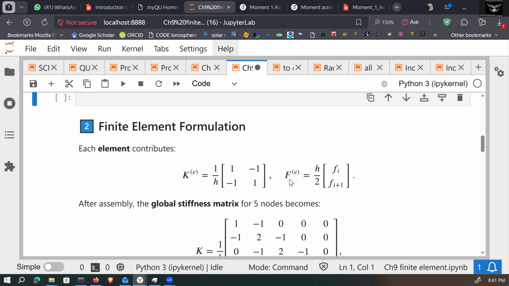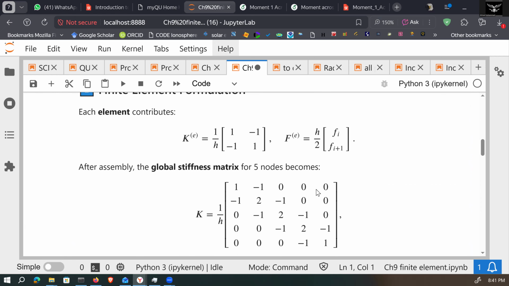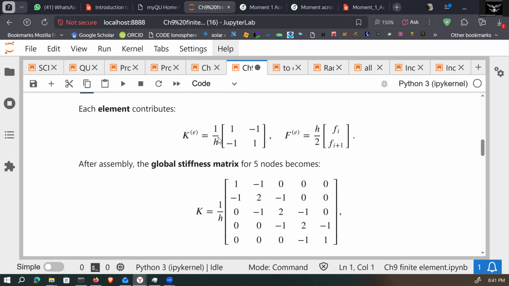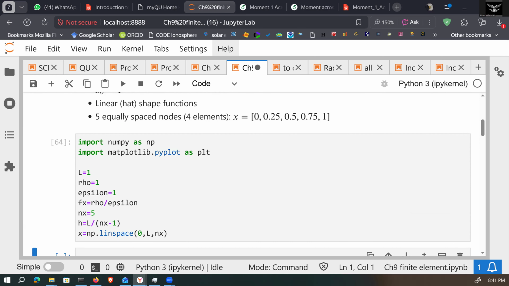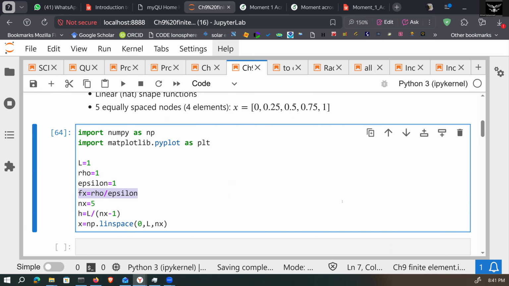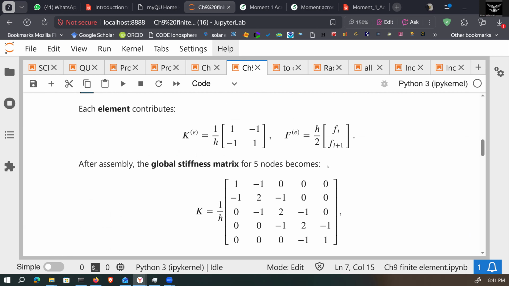Now let's move on to the matrix. There's the stiffness matrix. We already have seen how to develop them in the lecture. So the stiffness matrix is each element will contribute this. And the global matrix is going to look like this. And the right-hand side, the F. But in our own case, F of x is just 1. But anyways, the load vector or the force is like this.